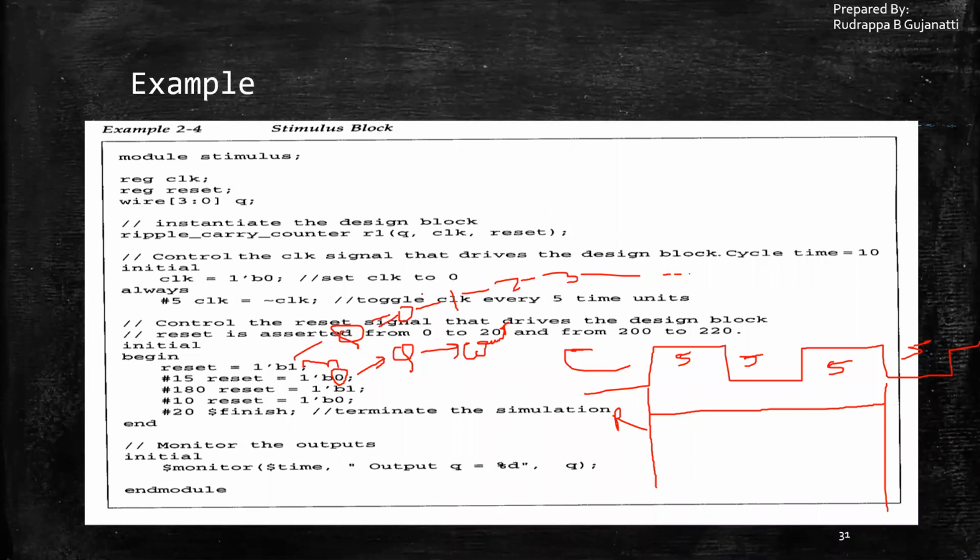The count changes whenever the clock change comes, at the positive edge or level triggered. Depending on what type of triggering you are using, there will be a change in the count.